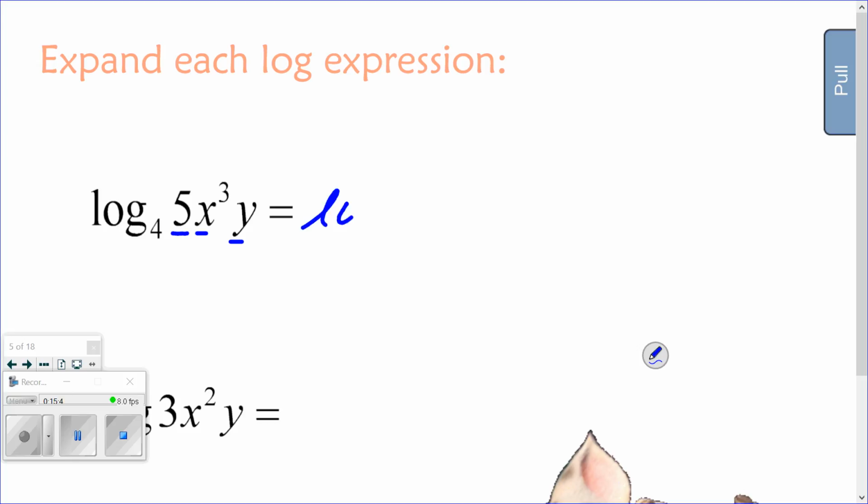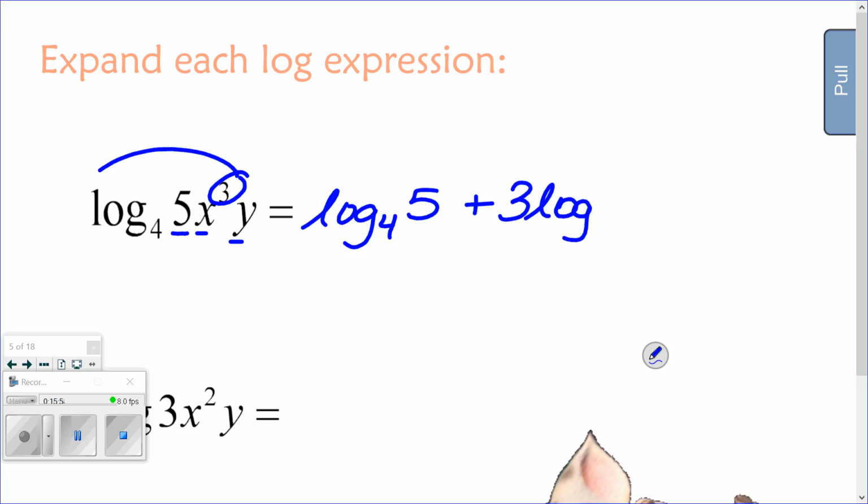So it's going to be log base 4 of 5, then what? Plus 3, good, because the exponents get thrown in front, 3 log base 4 of x, then what? Plus log base 4 of y.